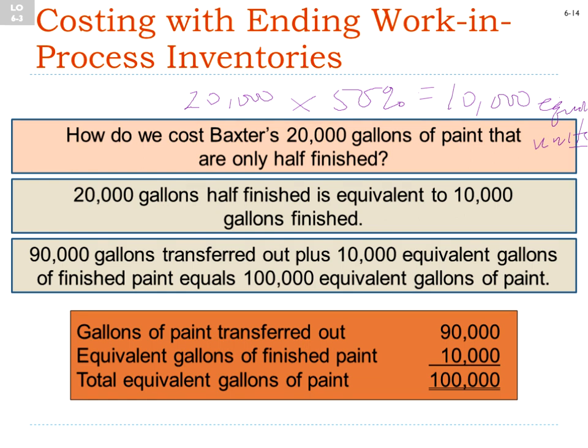So we finished 90,000 gallons of paint completely. We have 10,000 equivalent gallons, because remember that 10,000 is actually 20,000 gallons, but they're only half full. And so that gives us 100,000 gallons of paint. So it looks like for May we did 100,000 gallons of paint, just like we did in April.